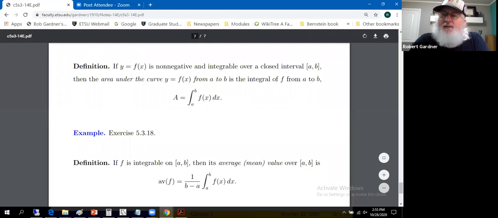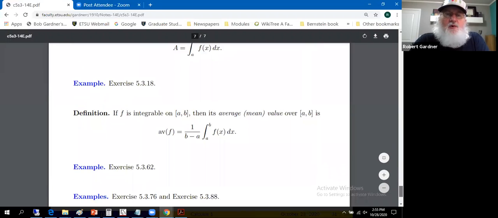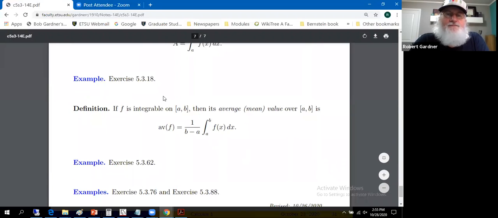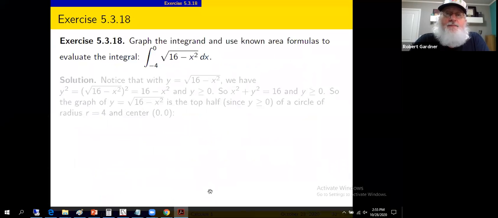Let's look at number 18, which actually has us use an area formula to evaluate an integral. So we now know areas and integrals are the same thing by definition. Graph the integrand and use known area formulas to evaluate the integral from -4 to 0 of the square root of 16 minus x squared dx.